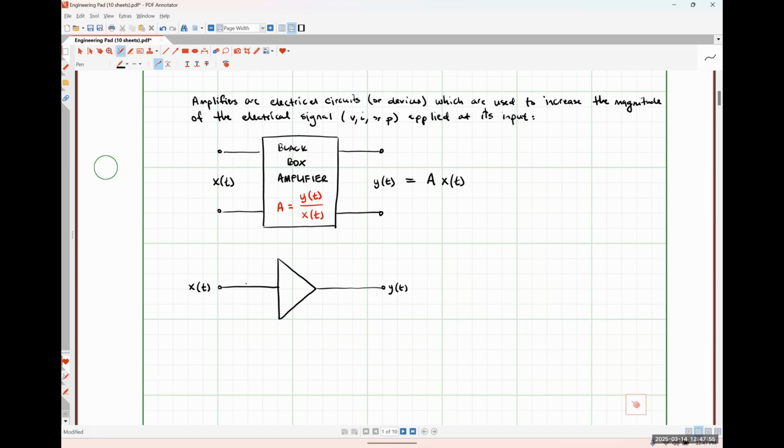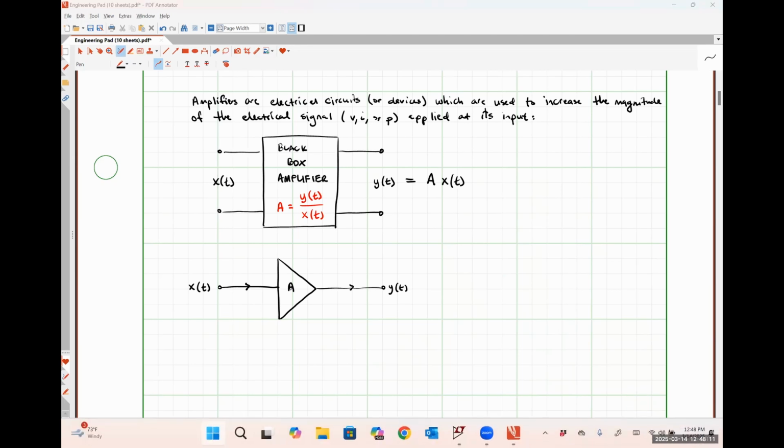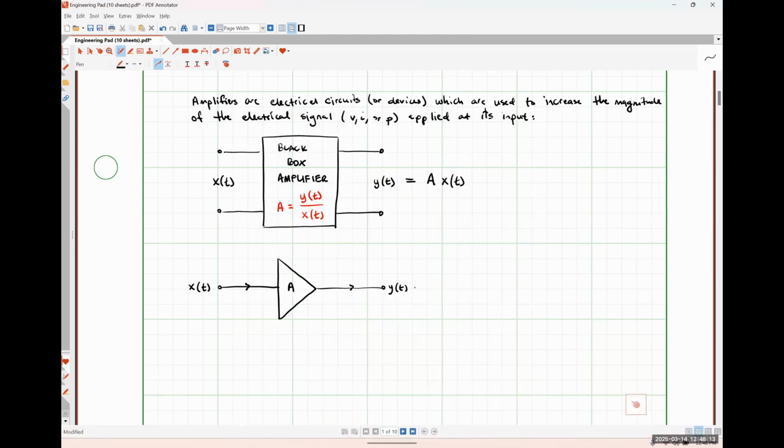You may also see little arrows indicating explicit directions for signal flow. And you would probably also see the gain of the amplifier depicted in that triangular amplifier block as well. So in this case, we would have just once again, y is equal to A times x of t. So this is our signal flow diagram representation.